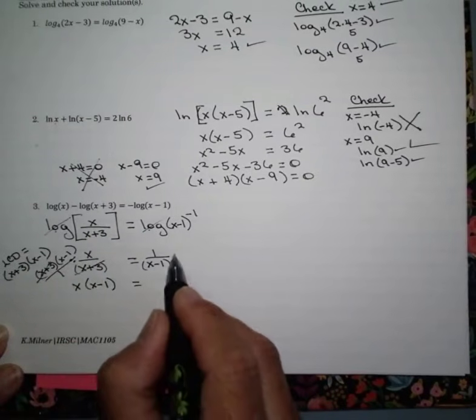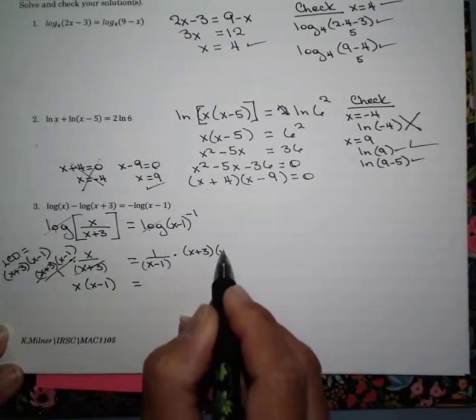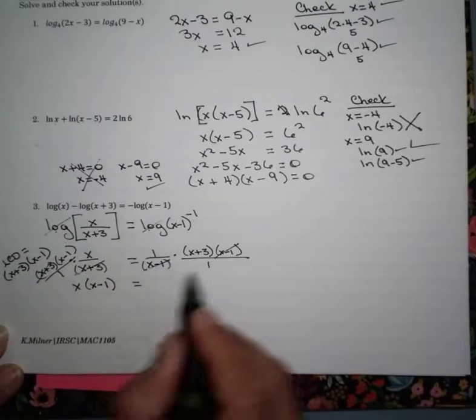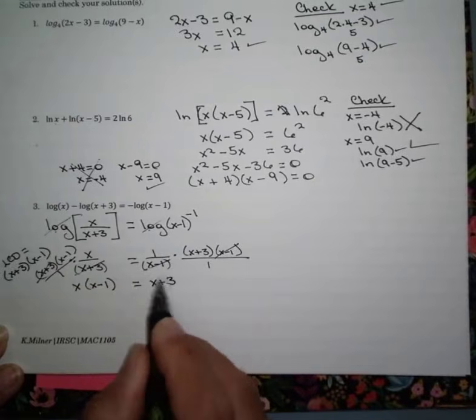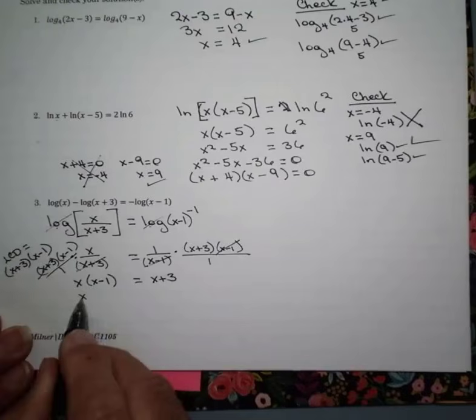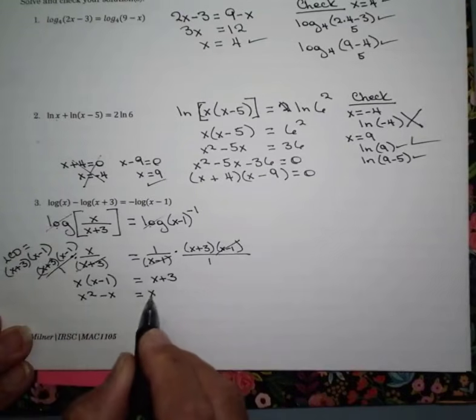Let's do the same thing over here. Times x plus 3 times x minus 1. And this time the x minus 1's cancel. And I'm just going to have 1 times x plus 3. Okay, that's not bad. X times x is x squared. X times negative 1 is negative x. And this is equal to x plus 3.